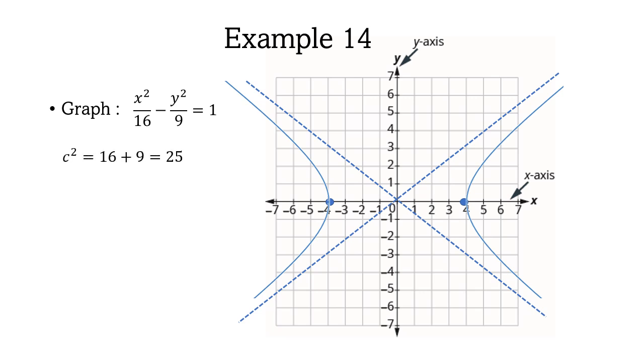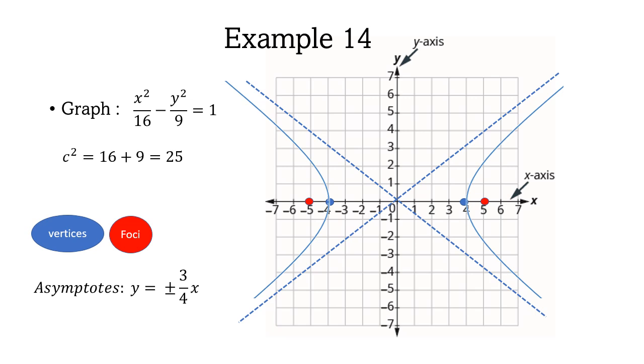So the foci are at 5, 0 and negative 5, 0. Now the asymptotes are plus or minus b over a, which is 3 over 4 x.